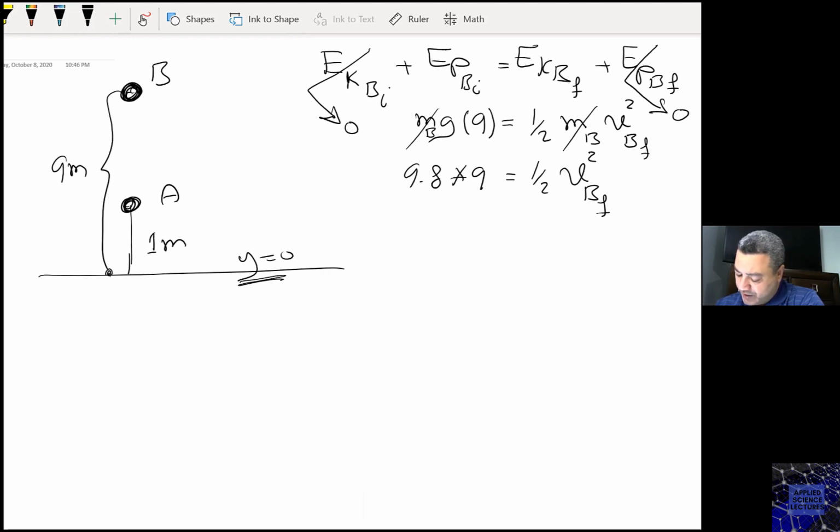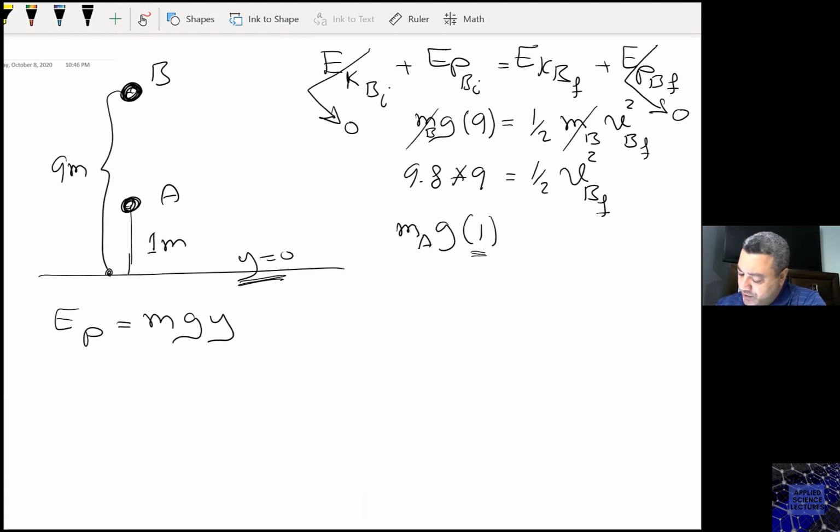Also, the kinetic energy at the initial is zero, and the potential energy at the surface of the ground would be zero. So I will use MA G Y, where Y is 1, right? Because we know that EP is mgy.